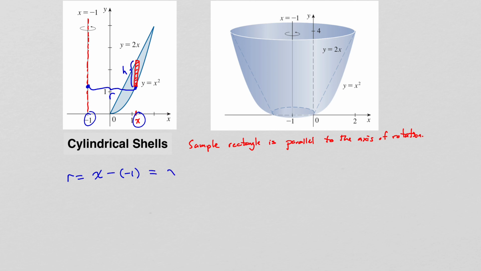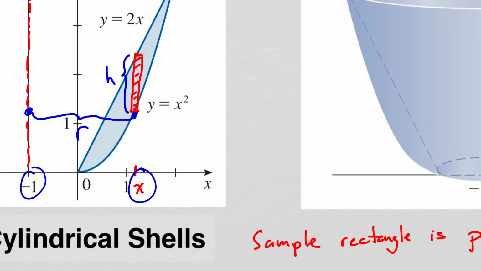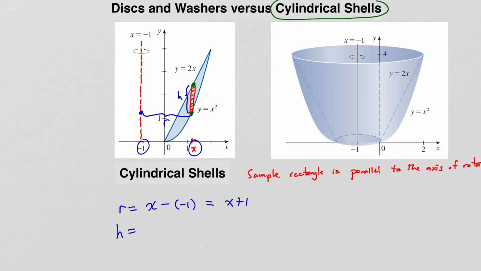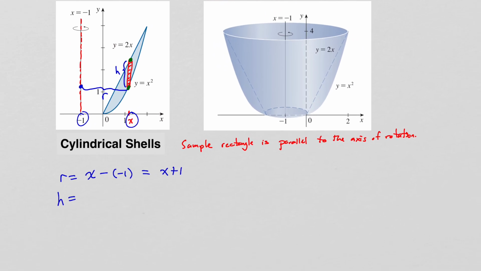And in this case, x minus -1 turns into x plus 1. Now, the height of the rectangle is simply the height that you see here. So to get that, you simply take the top function minus the bottom function. And so in this case, the height is going to be 2x minus x squared.